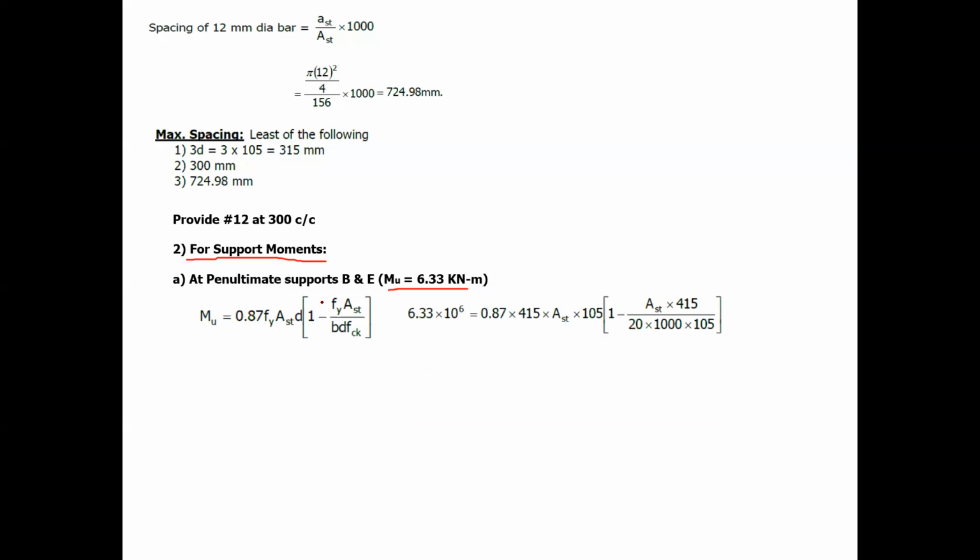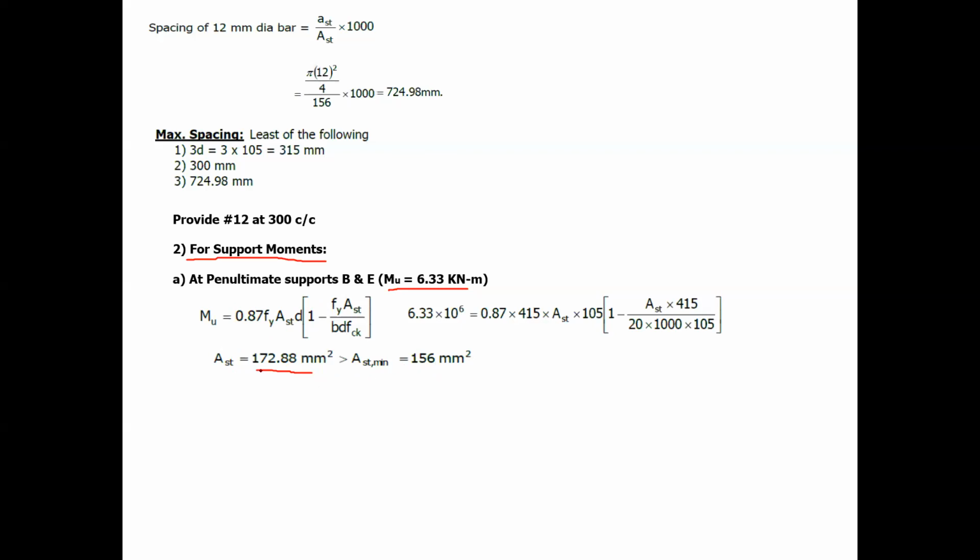172.87. Right. So the answer is 172.8 mm square. So which is greater than the AST minimum, right? Okay. Yes. So now you can take AST value. If it is less than the AST minimum, that time you have to consider the AST minimum.